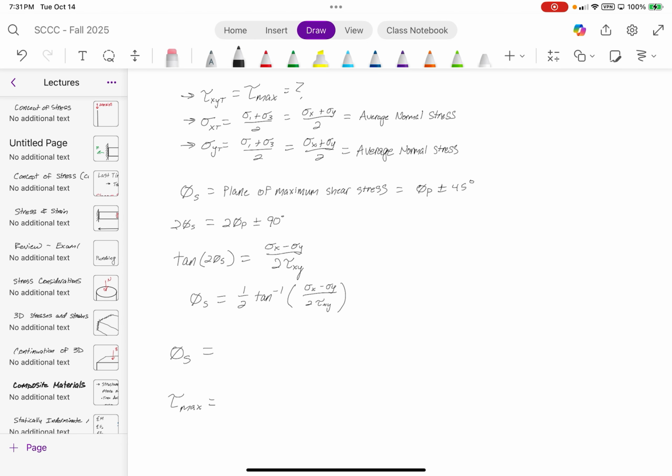Who here has got the angle? You got the angle, Nicole? Or the angles? Negative what? Negative 37.98.